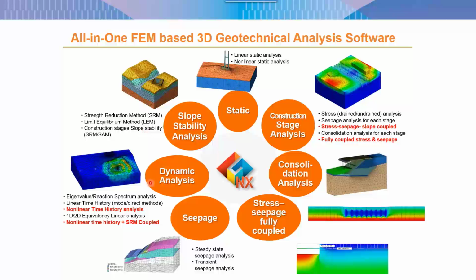Then we have the dynamic analysis. Here you have the eigenvalue and response spectrum analysis, linear and nonlinear time history analysis, or equivalent 1D or 2D linear analysis. GTS also supports the stress seepage coupled nonlinear time history analysis plus slope stability SRM analysis.